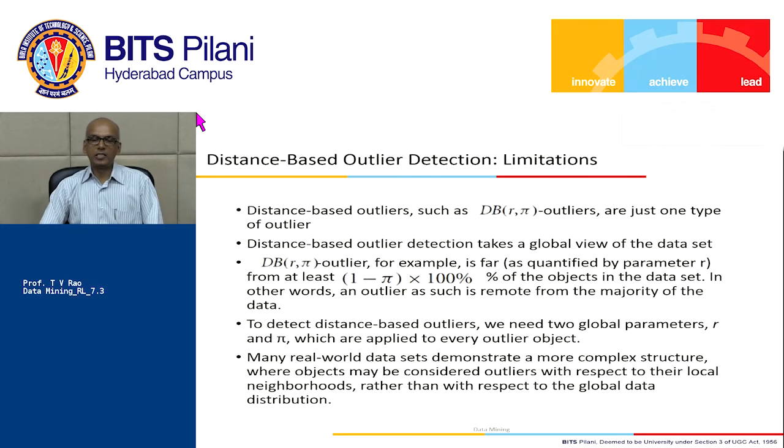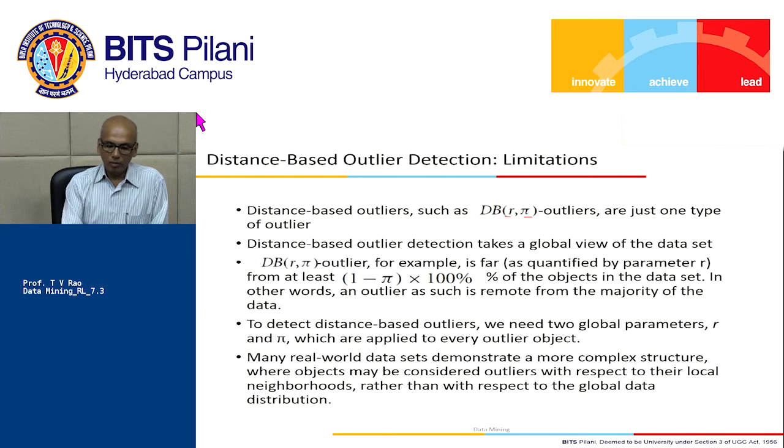The distance based technique does have several limitations. First is that we need to specify the parameters r and pi, and we are going to get this percentage of objects which are going to be remote from the majority of the data.